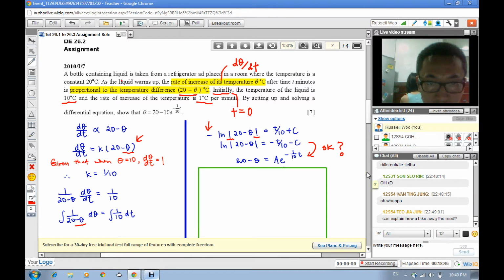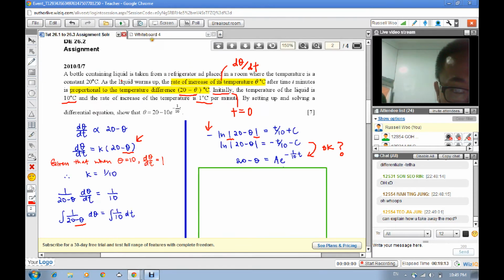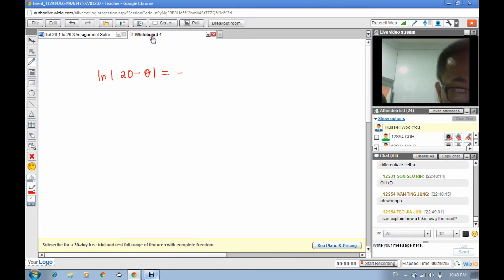Okay, Jia wants me to explain how do we take away the mod. Okay, fine. Let me just use another whiteboard here. Equals to negative t over 10.